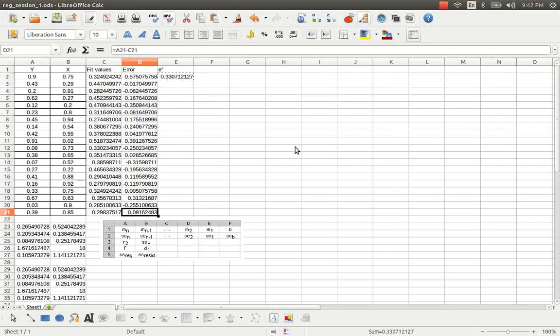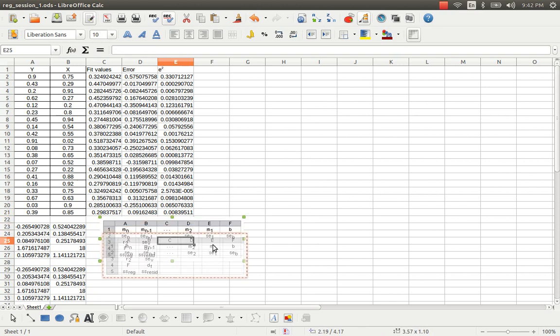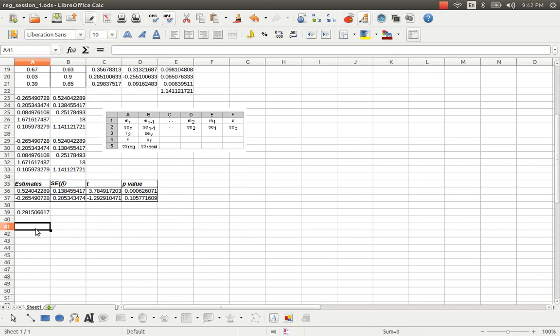is equal to the square of this value. So Control C, you just have to paste in the rest of the cells, and here we find the sum of the values. LibreOffice Calc has so many wonderful functions for statistical analysis, so we need not worry about these functions.